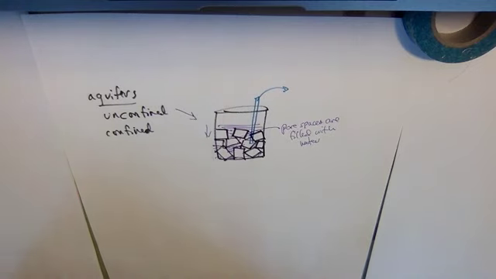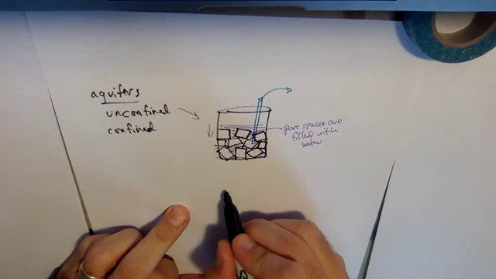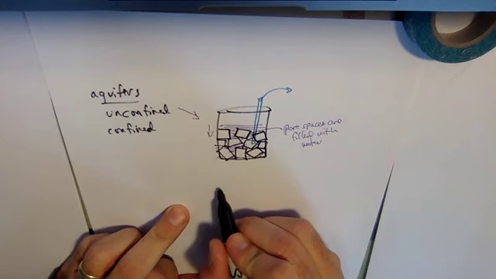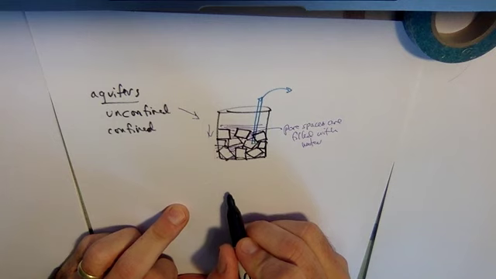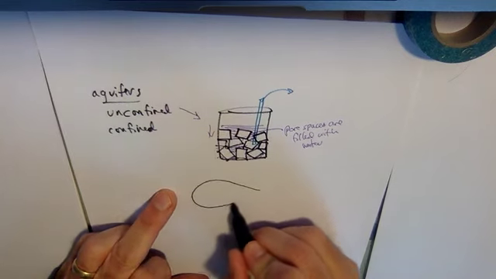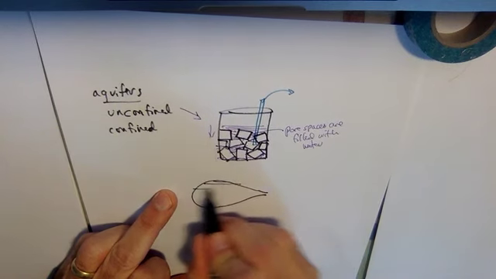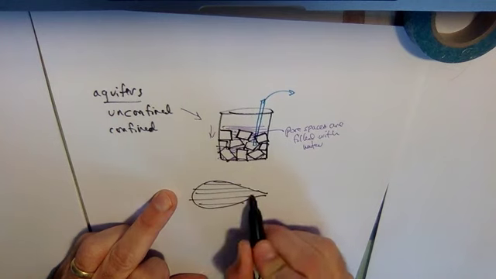A confined aquifer is called a confined aquifer because, if we can think of it more like maybe a water balloon. Maybe that's not a great analogy, but here's a water balloon, and so the confined aquifer can be completely filled with water.